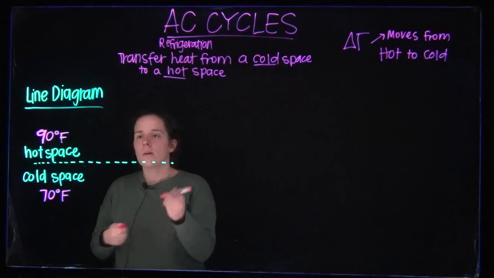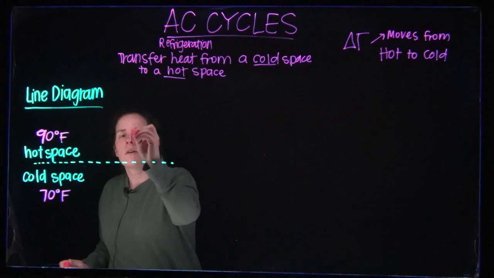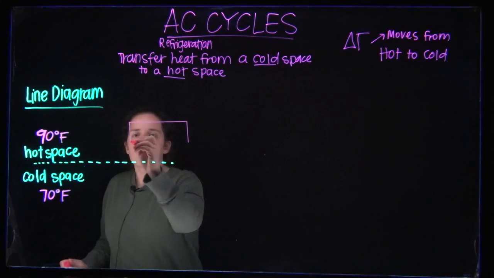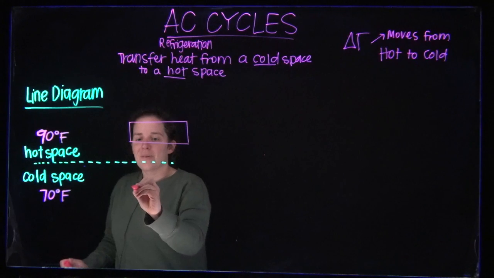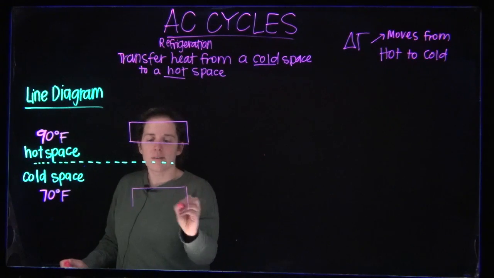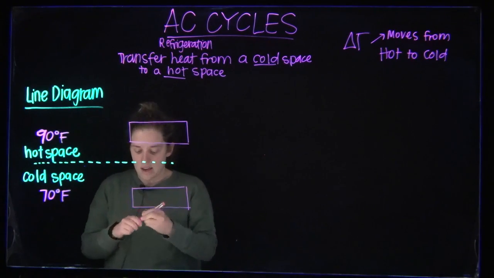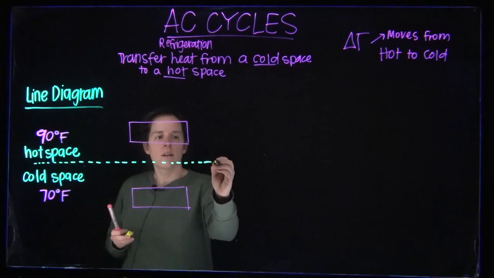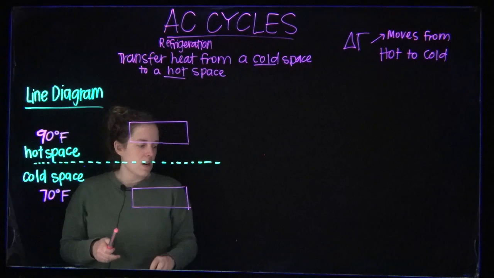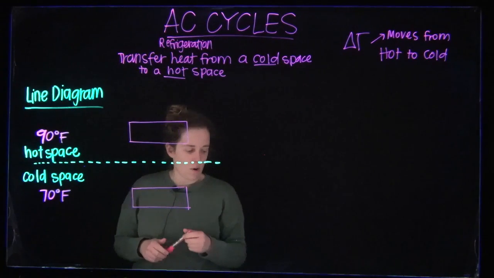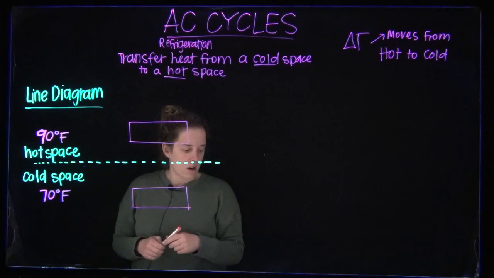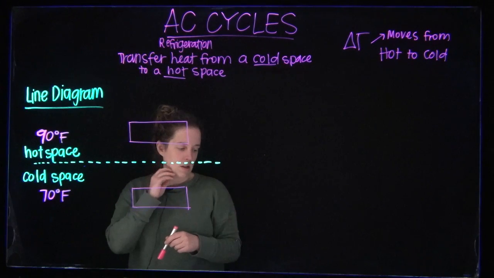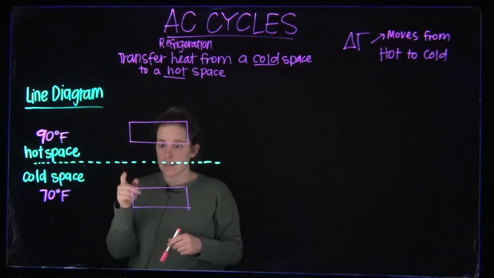And we are going to have a lovely box up here we're going to start with. And we're going to have a lovely box down here. And let's draw this line a little bit longer here. And we are going to start out our point 1 on an AC cycle.